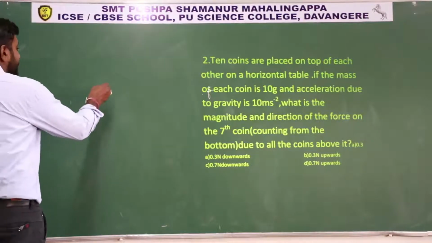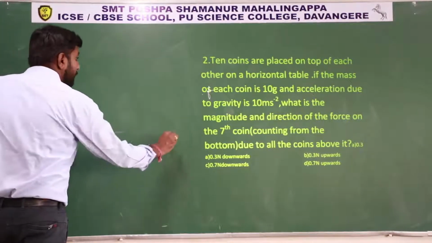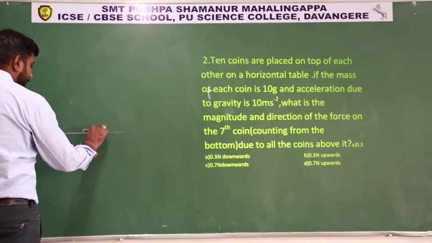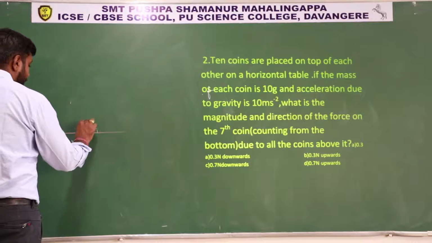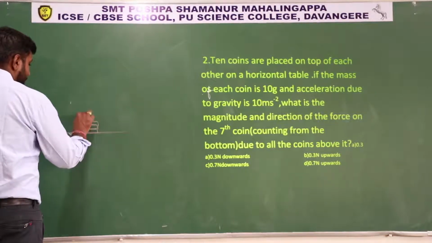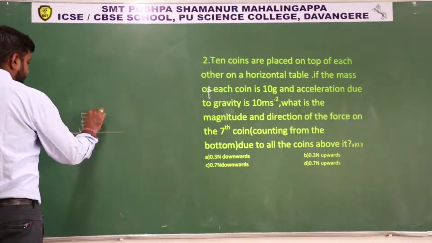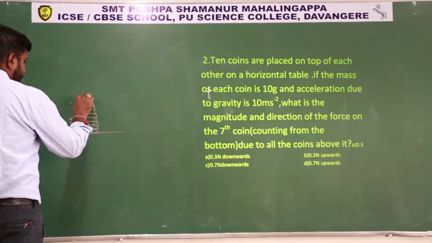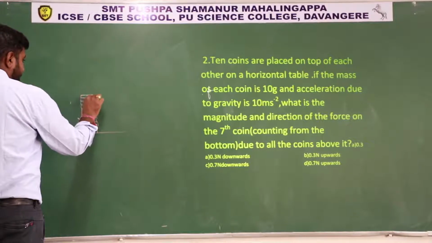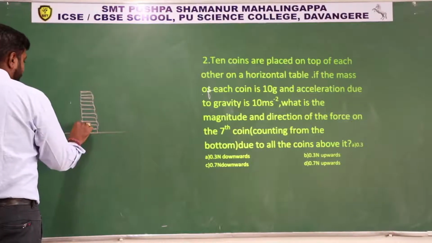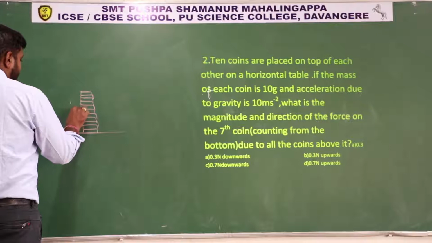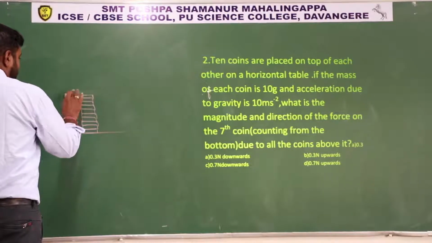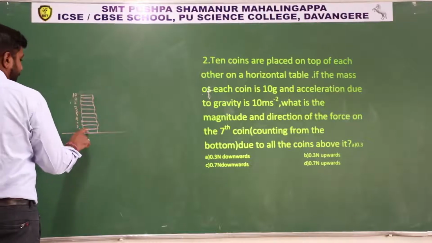Let us consider the situation. This is a horizontal table. So these are the coins, 10 coins. Here 1, 2, 3, 4, 5, 6, 7, 8, 9, and this one is 10, right?